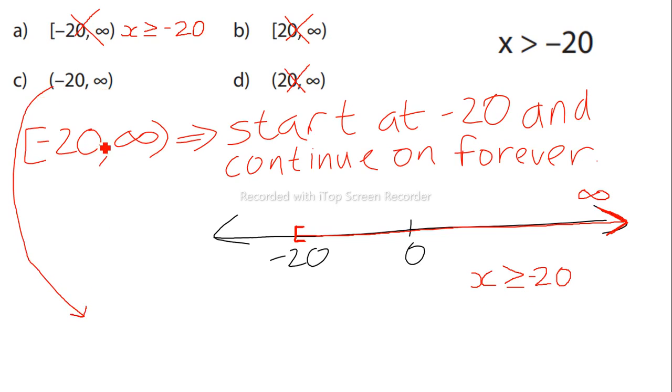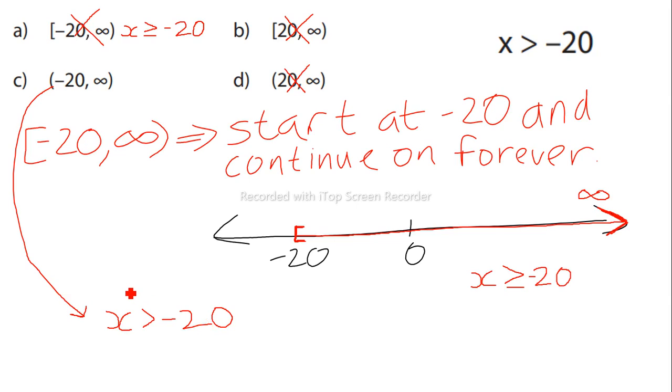So that means that x is going to be strictly greater than negative 20.